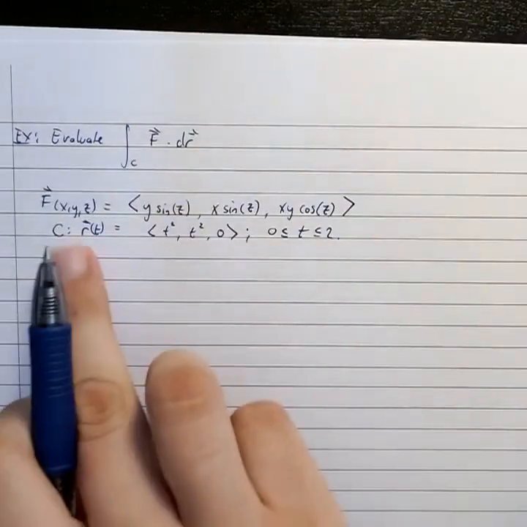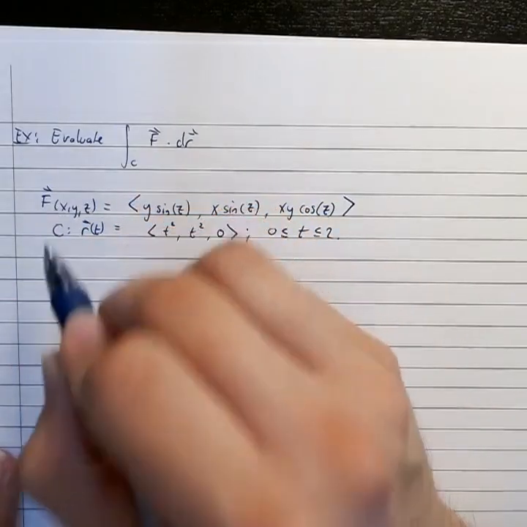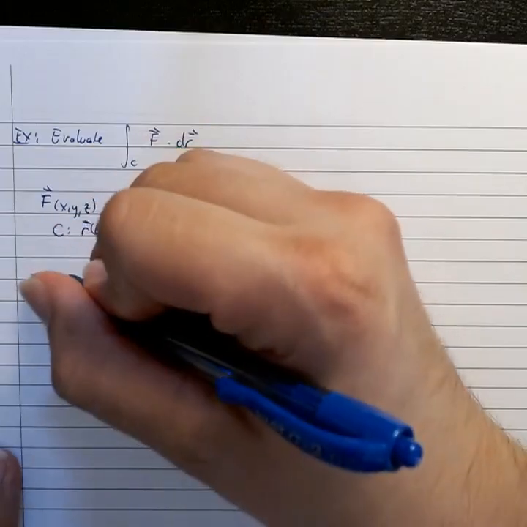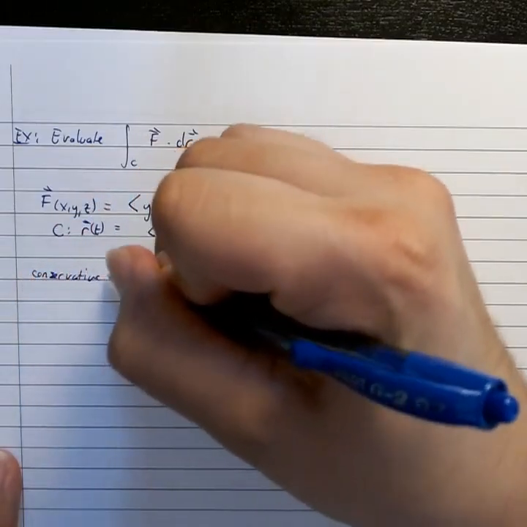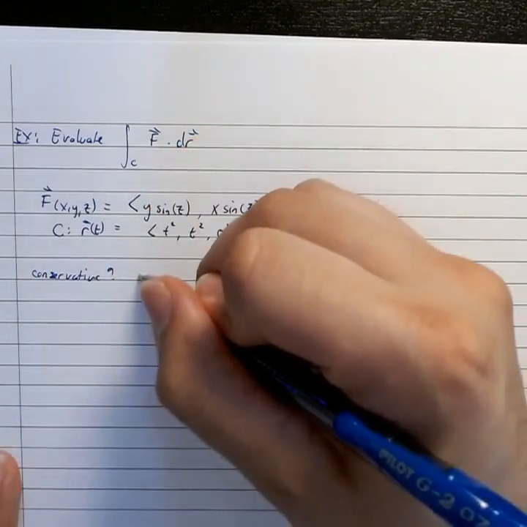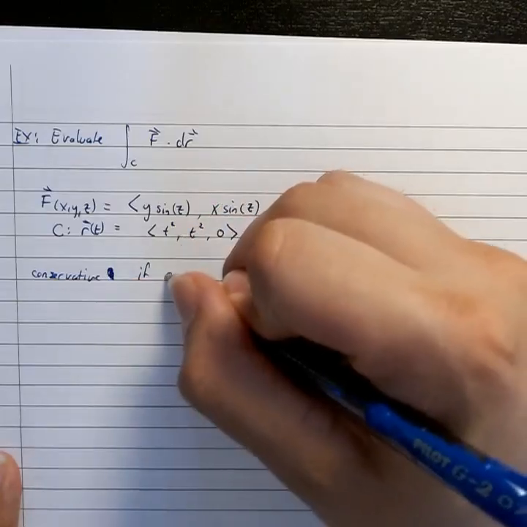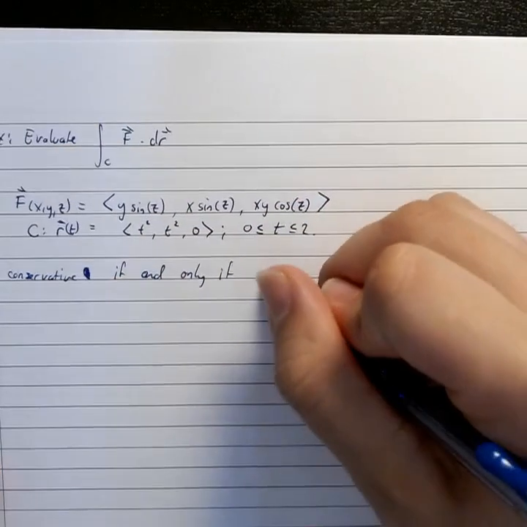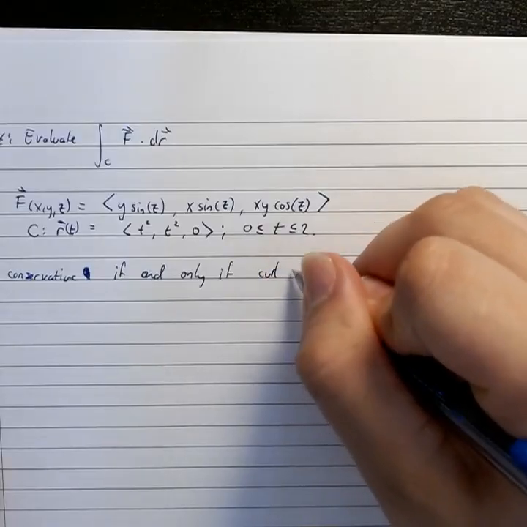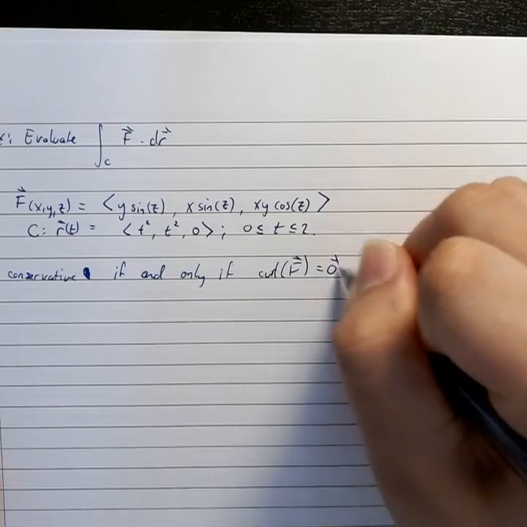With a function of 3 variables, the way we check to see if it's conservative is to find the curl. So it's conservative if and only if the curl of F is equal to the 0 vector.